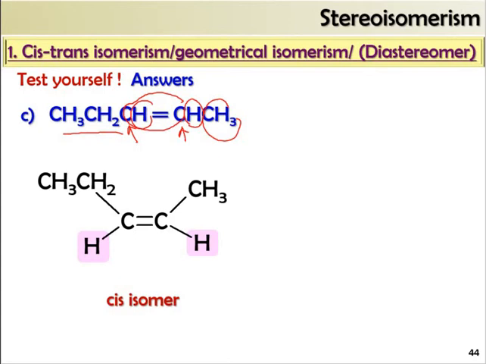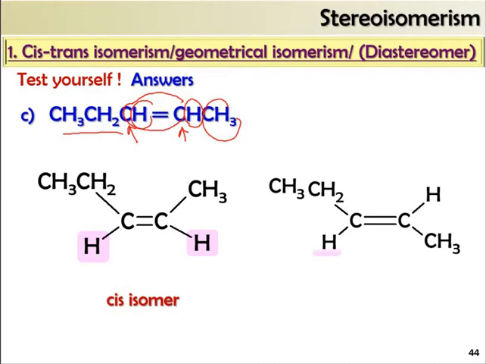So, jika dia ada cis-trans isomer, you have to draw it. Okay, cis isomer, dia mempunyai atoms yang sama bersebelahan, on the same side. And then, if the hydrogen is on the opposite side, it is the trans isomer. Okay, so kalau dia ada cis-trans isomer, you have to draw it.